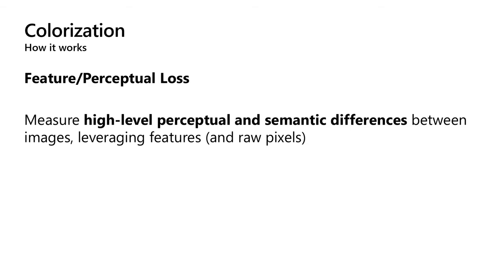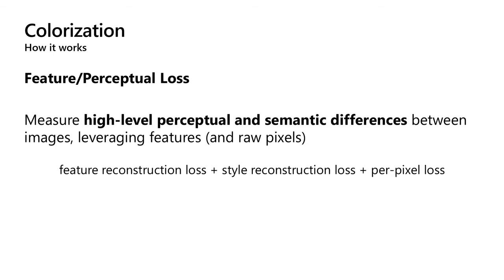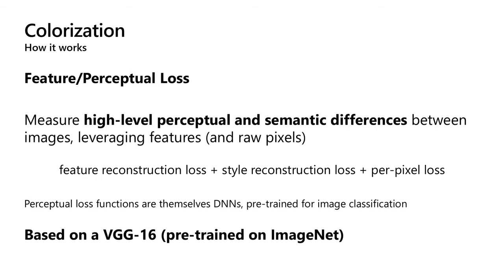Or if a hand is a hand and it's colored differently than a human hand, and maybe it becomes an alien hand, it understands that and it trains the generator network to improve. This feature loss used in this project is itself a deeper neural network, which is based on VGG16.